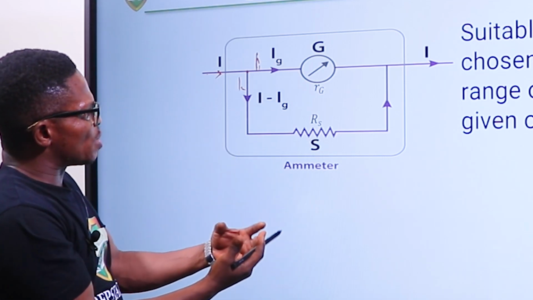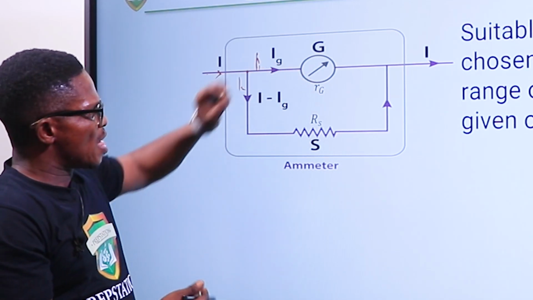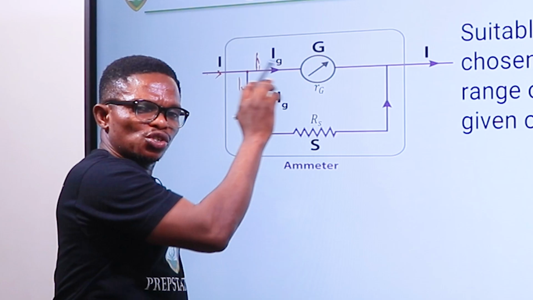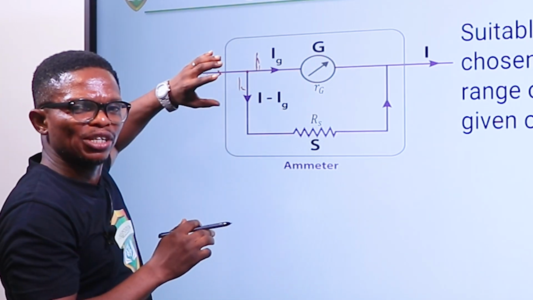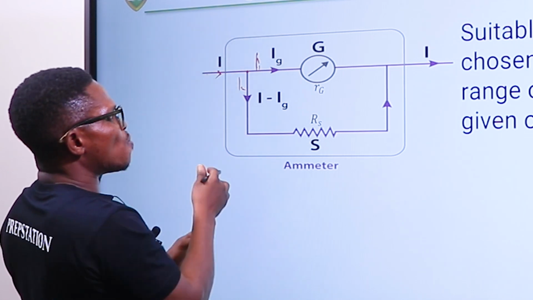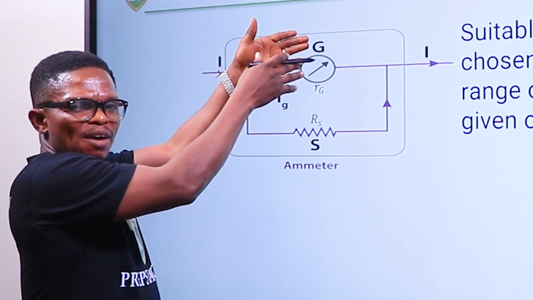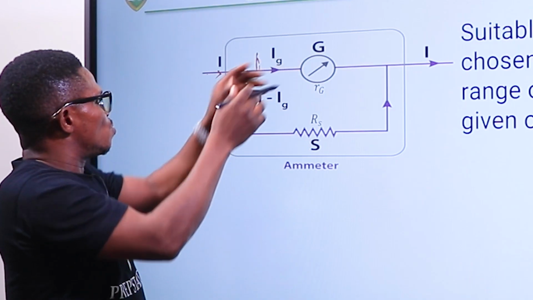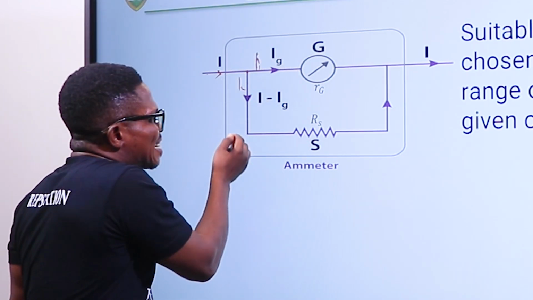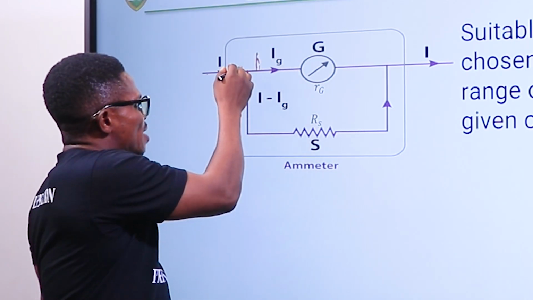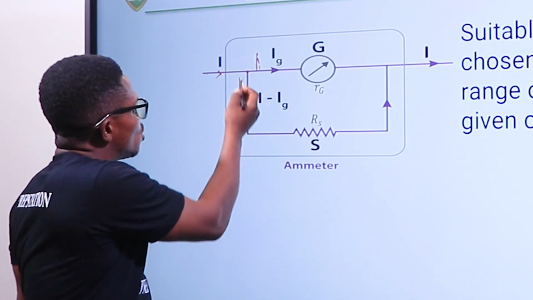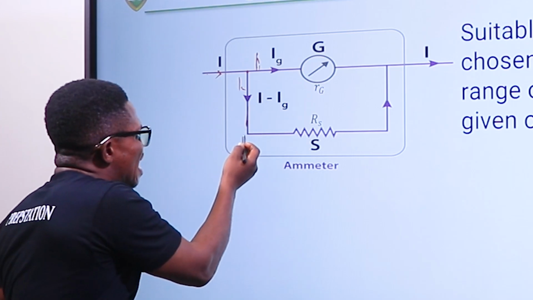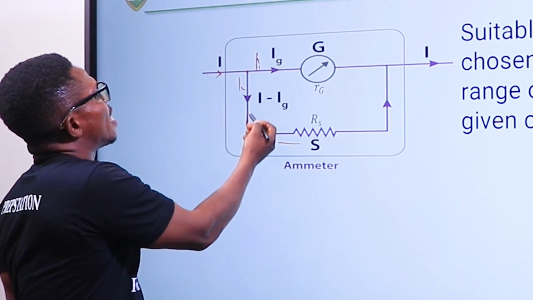What is the physics principle behind this connection? A galvanometer can only measure small current. So in a situation where I want to use it to measure large current, to avoid the galvanometer being damaged, all I need to do is to divert a greater amount of the current by connecting a resistor in parallel. The function of this resistor is to divert greater amounts of the current. You can see the line looks bigger.